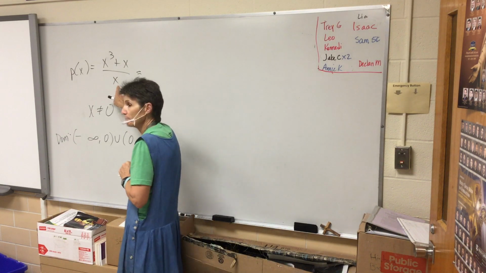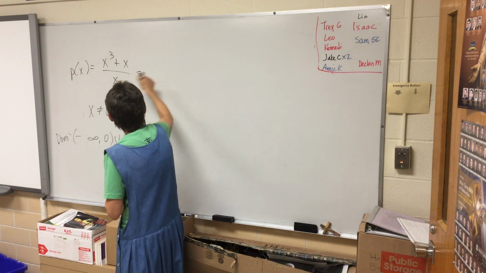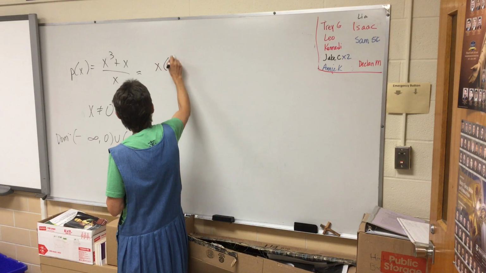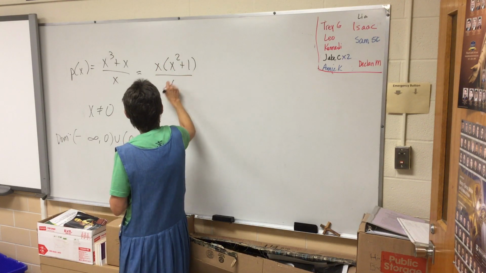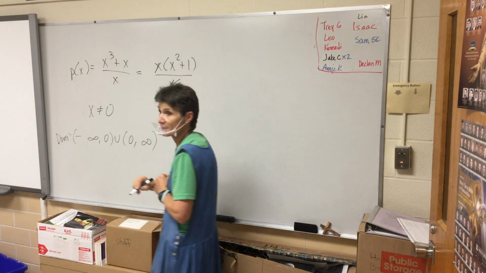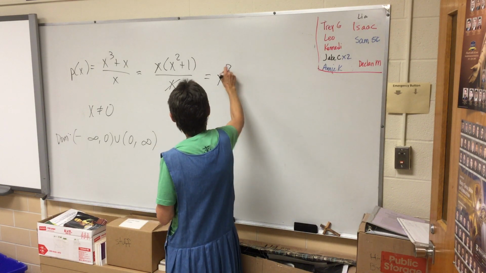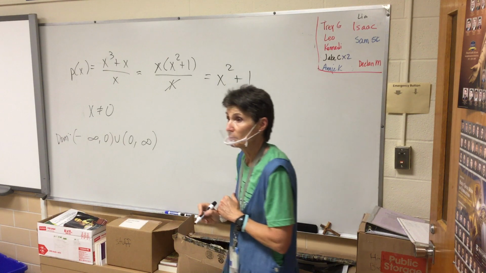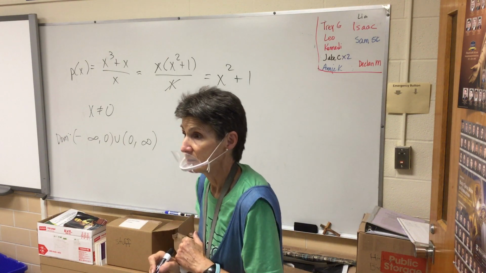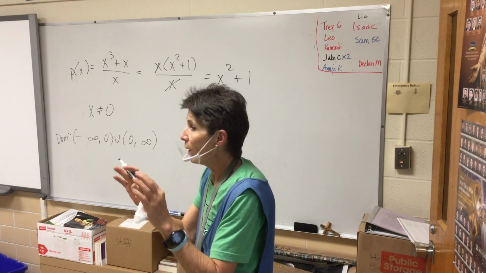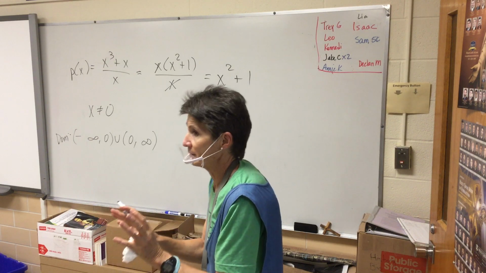Can you remove the x from the problem? I mean, this x. You can, because if you factor out an x on the top, it will cancel with the x on the bottom. Would you agree? So I can rewrite the problem as x squared plus 1. Now, what does that mean graphically?